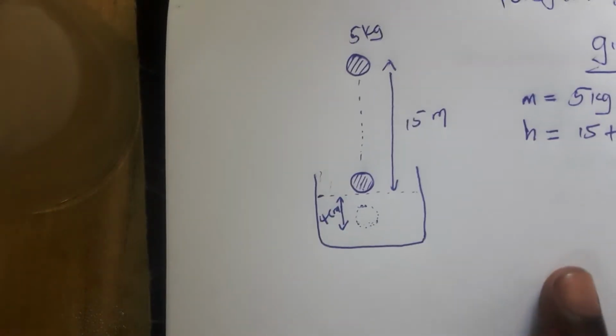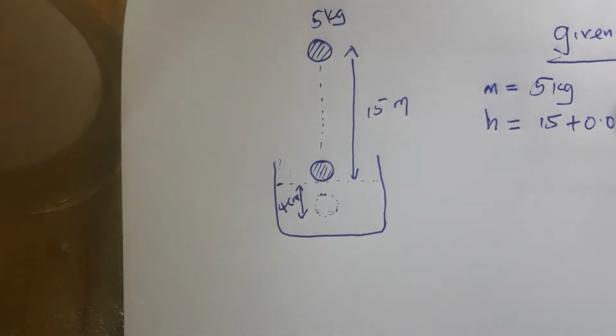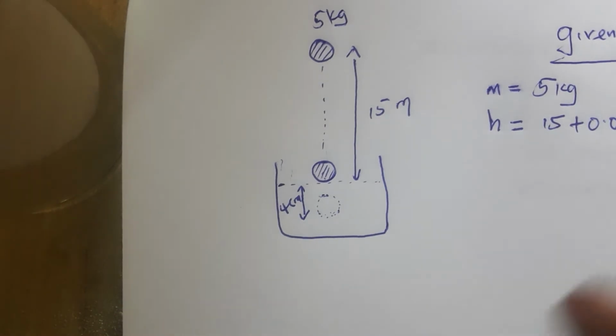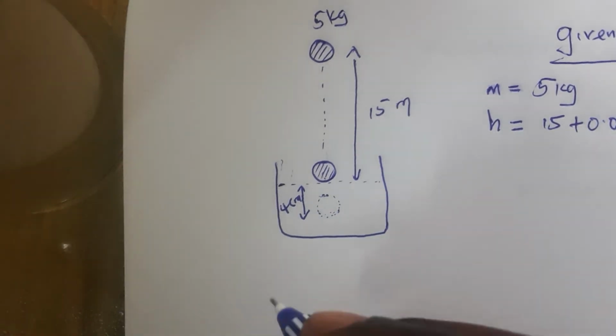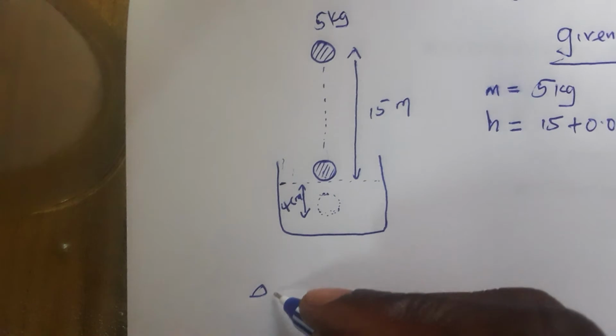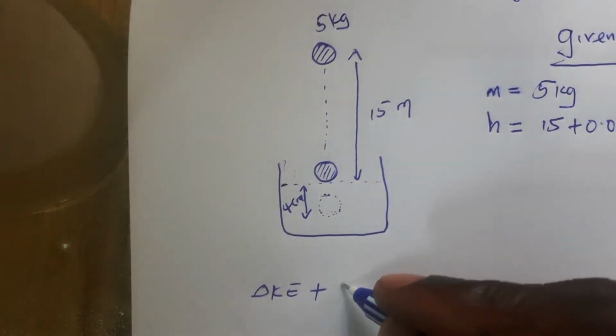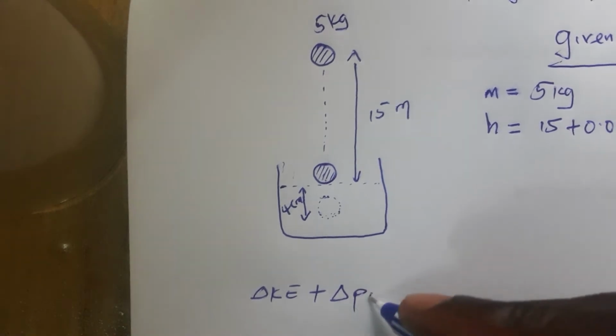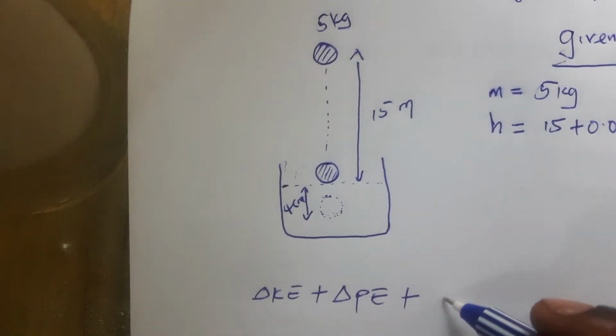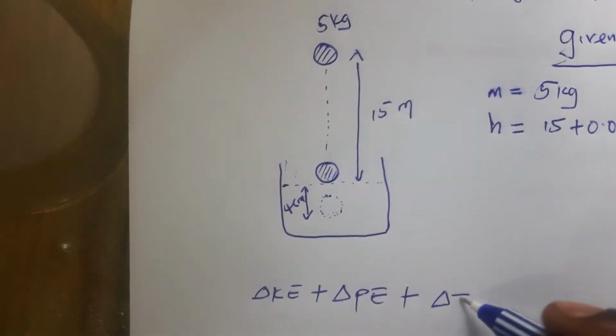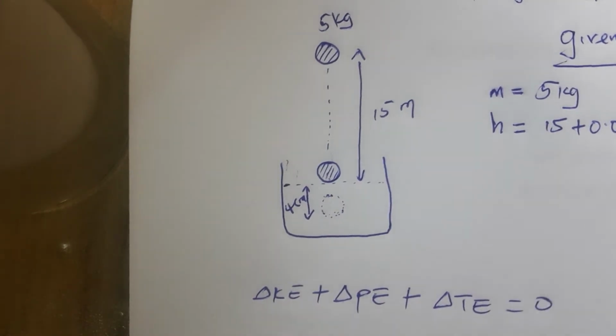Okay, so solving such questions, we shall use the principle of conservation of energy. We know that the change in KE, kinetic energy, plus the change in potential energy plus the change in thermal energy is equals to 0.